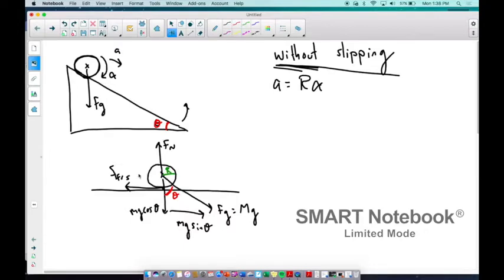Well, that is the only force that's supplying a torque here. I want you to remember that torque is the cross product of r and F, where r is a position vector drawn from the axis of rotation to the point of application. Well, here's the axis of rotation. Every other force here has a point of application right there at the axis of rotation. Gravity does.